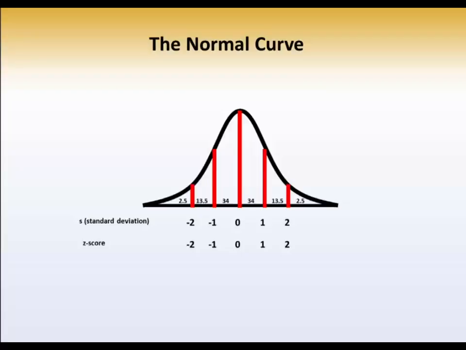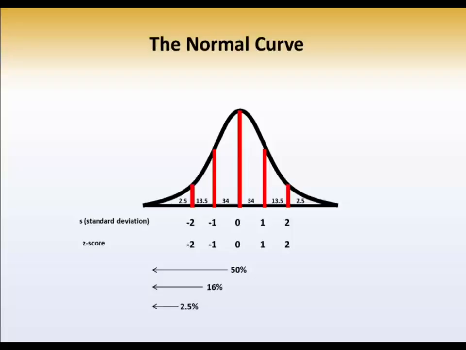For example, we know that 34% of the observations fall between the mean and one standard deviation above or below the mean. So we have that information illustrated in the figure. If you look at that, 50% of the observations fall between the mean and negative infinity. 16% fall one standard deviation or below, and 2.5% of the observations fall at 2 standard deviations below the mean or below that point.